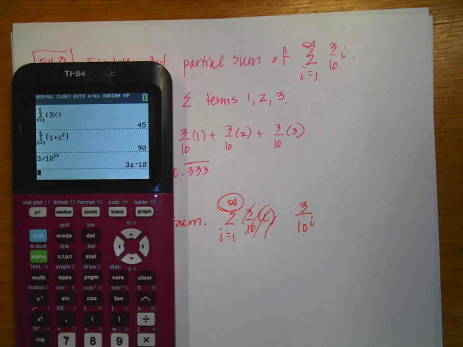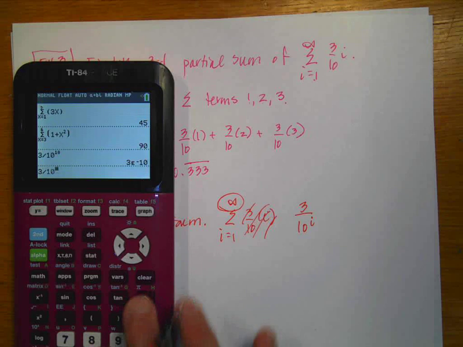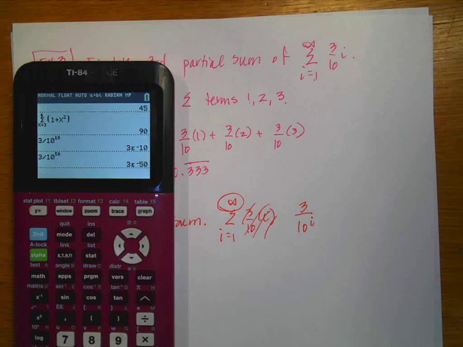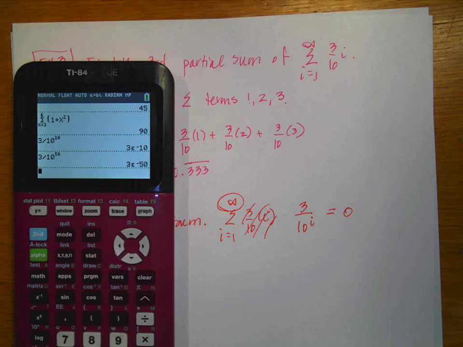I think I have written this badly. We'll just go ahead and manage it from here. But for the next estimate, maybe I do 3 divided by 10 raised to the 50, and I'm going to get an even bigger 0. So our infinite sum is going to equal 0.